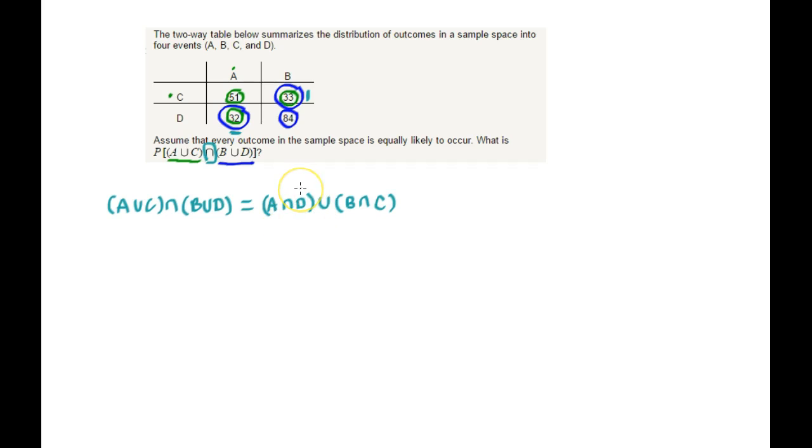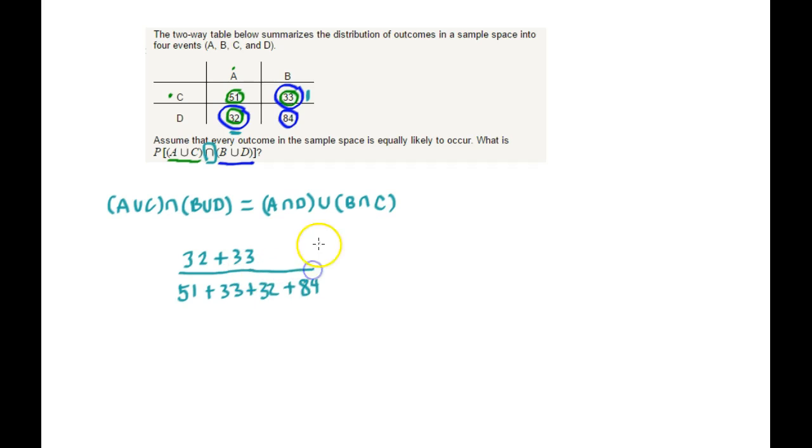It's really not that important, but what we really need to figure out now is the probability that you'll get these two, 32 and 33. So it would just be 32 plus 33 divided by the total. That would be 51 plus 33 plus 32 plus 84. Just add them all up.